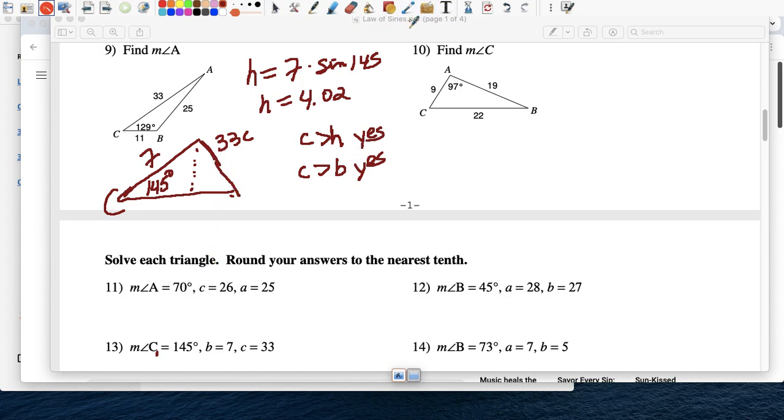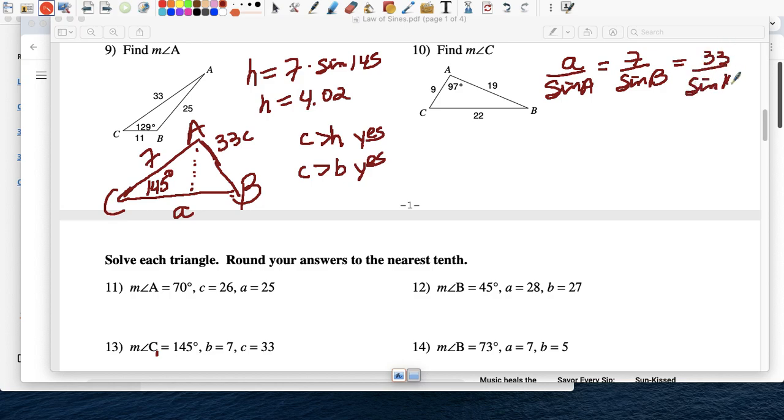Okay, so now we can work on finishing the triangle. So this was B and this is A, so that works out. Little a I don't know, little b I do know. So little a over sine of A, little b, 7, over sine of angle B, which I don't know yet, and c, which is 33 over sine of 145.